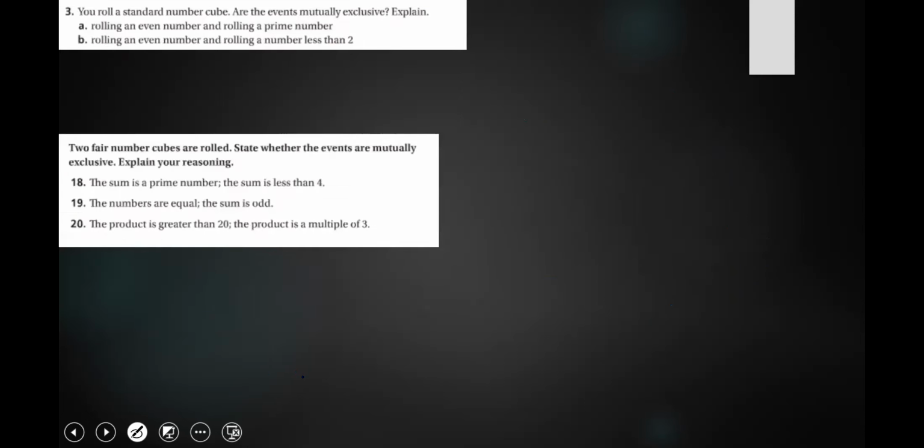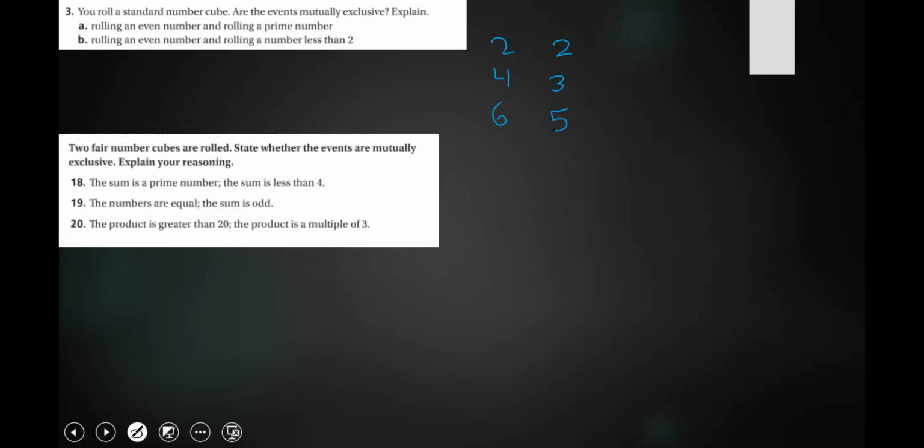Let's have another example. You roll a standard number cube. A, rolling an even number, so I'm talking about 2, 4, and 6, and rolling a prime number. What are the prime numbers here? 2, 3, and 5. No, 1 is not a prime number. So is there a number that can be an even and a prime number?